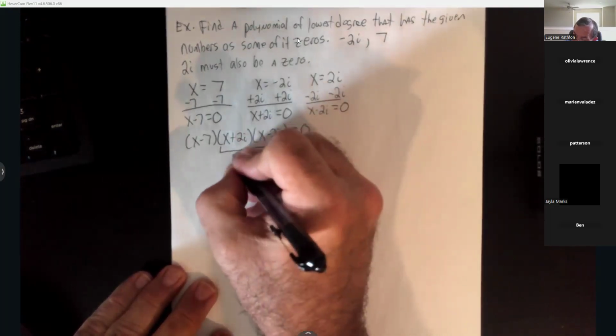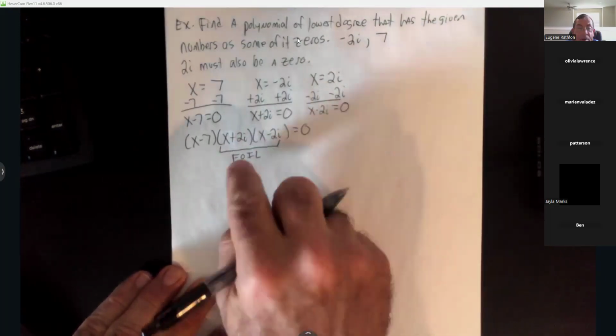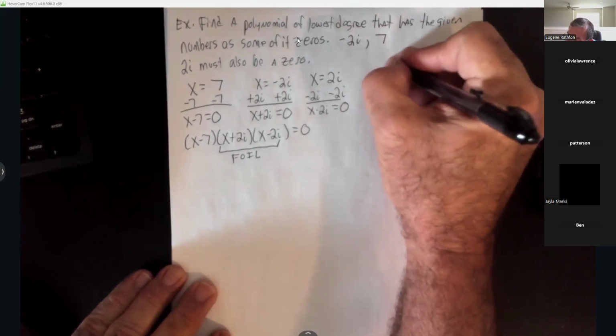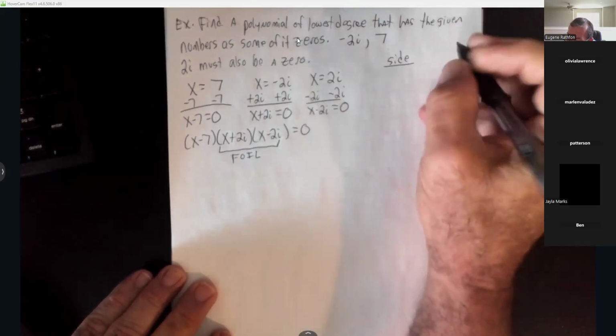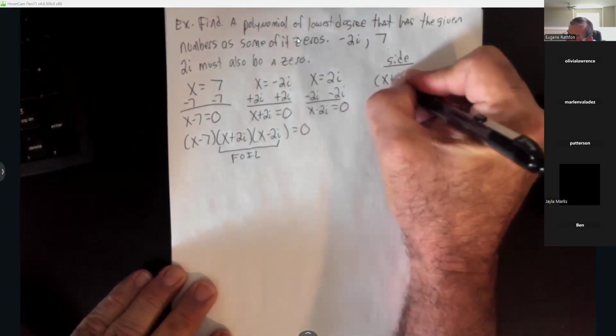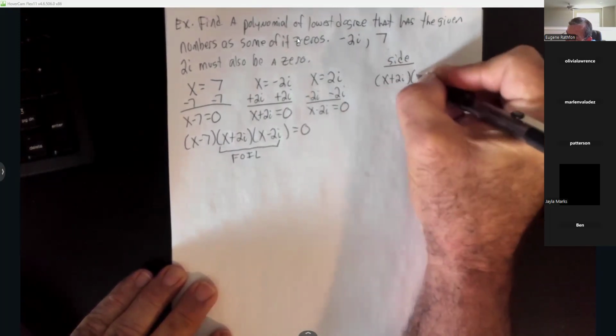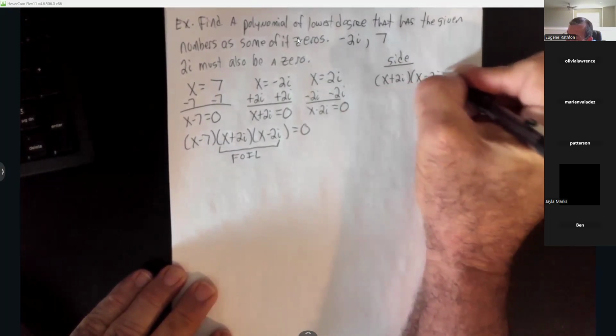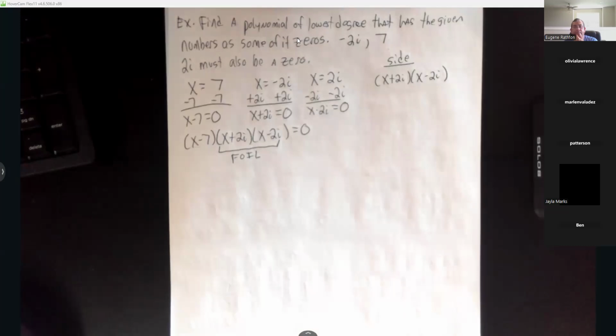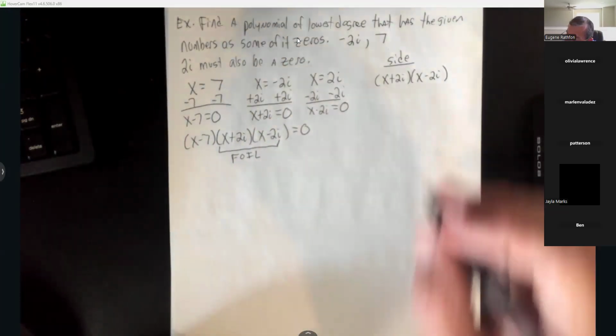So I'm going to start foiling with my imaginary stuff first. So that'll be the first thing I foil on the side. x plus 2i, x minus 2i. Now remember, since these are conjugates, the i is about to go away.